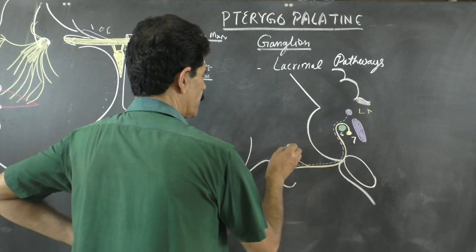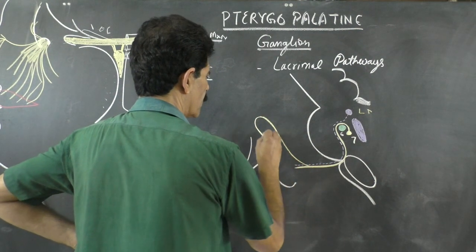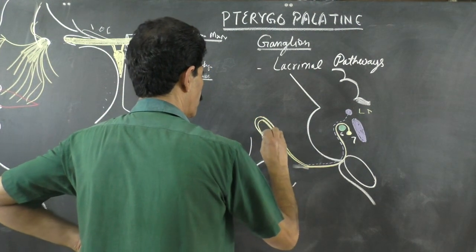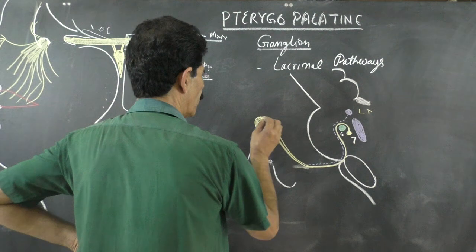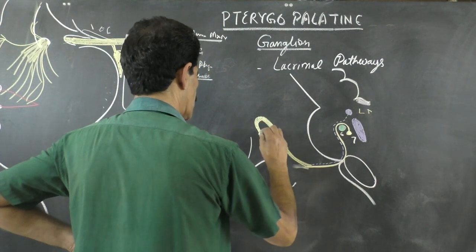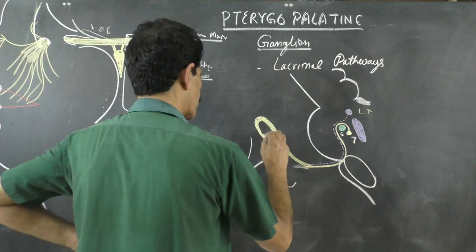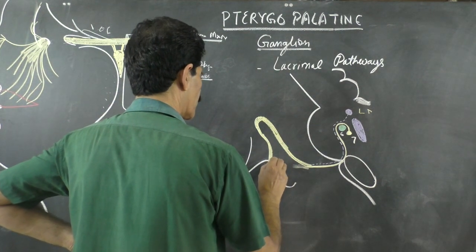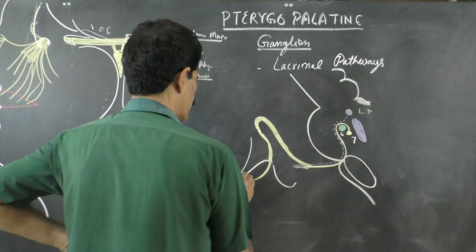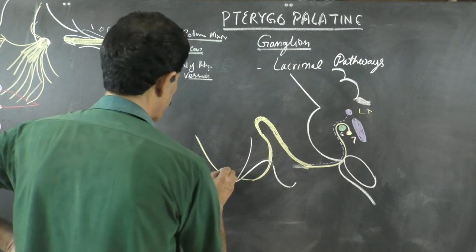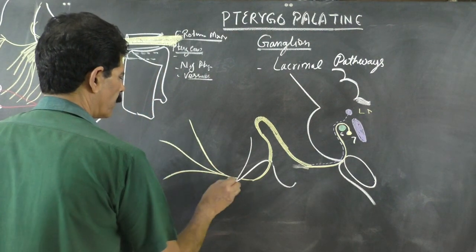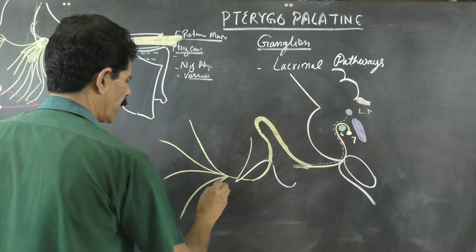After it goes into the petrous part of temporal bone, it makes a geniculate ganglion on the roof of the middle ear, and then it goes through the posterior wall of the middle ear, and it comes out from the stylomastoid foramen to go into the face to supply 5 branches: the temporal, the zygomatic, the buccal, mandibular, and the cervical.